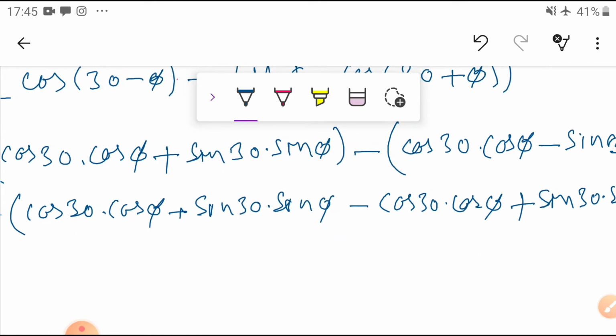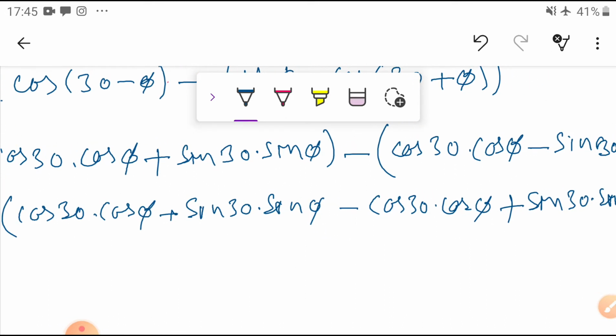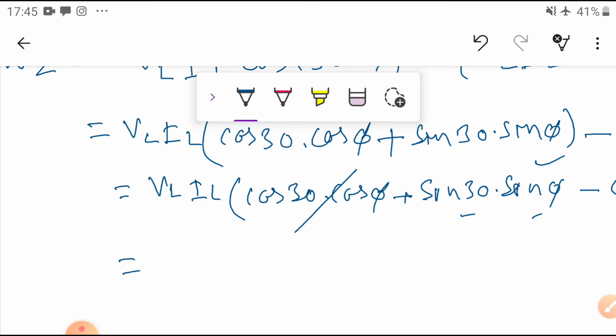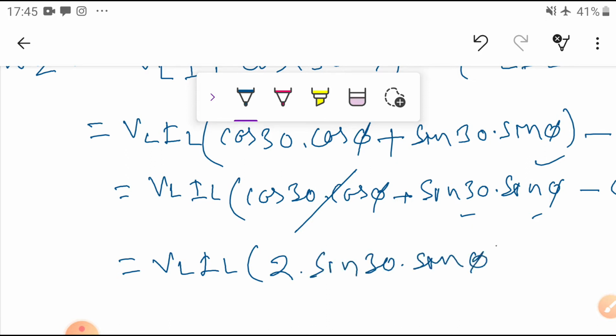This is minus cos 30 cos phi plus cos 30 cos phi, so this one gets cancelled. Then sin 30 sin phi and sin 30 sin phi are both positive, so I can take the 2 into it. So I can write that it is equal to VL IL into 2 into sin 30 sin phi.